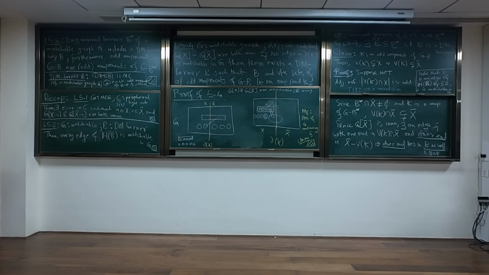If the entire barrier is not on one side, then the barrier itself is split, supposing. Then you will have some edge. You take an odd component, and because of connectivity it should follow, matchable also. Because the core is a connected graph. It is a matching covered graph, therefore it is connected.